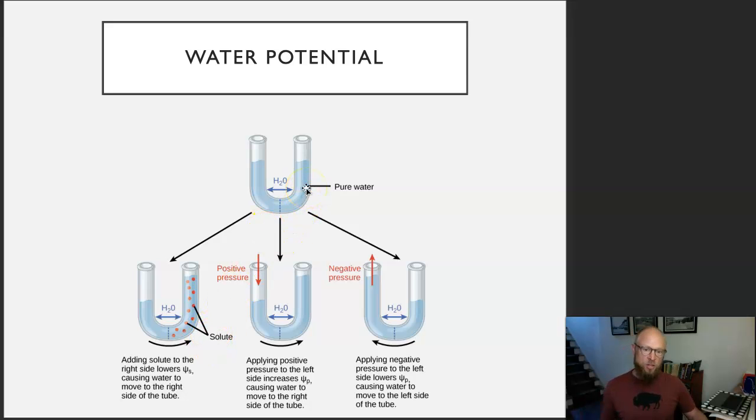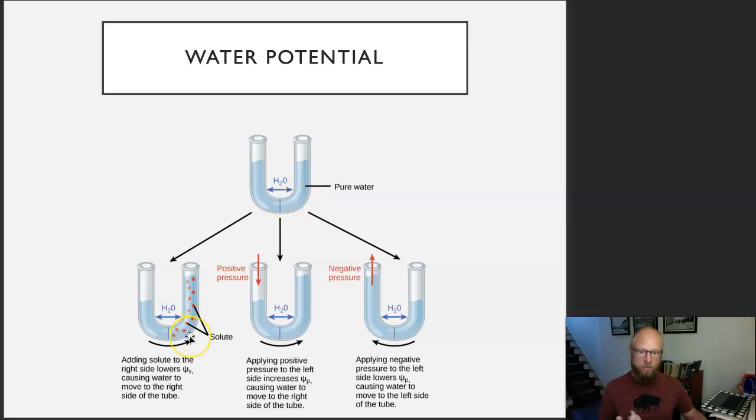So the potential energy of water represents the energy or the potential for water to do work. That's what potential energy measures. And what we're going to be interested in for this class is anything that reduces the potential for that water to do work. So anything that reduces that energy.